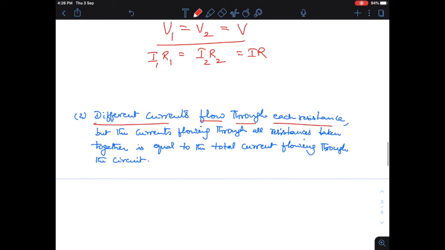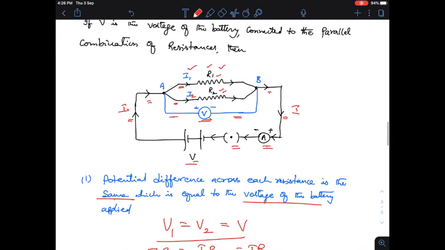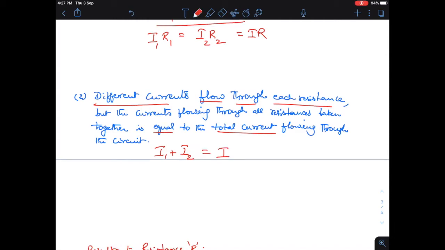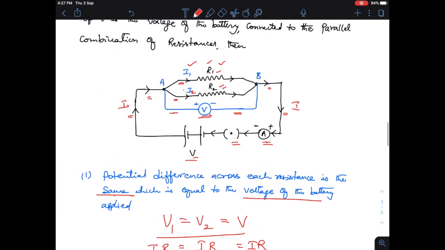Now, different currents flow through each resistance, as I have shown I1 and I2. They get divided, but the currents flowing through all resistances taken together is equal to the total current. That means I1 plus I2 plus I3, if I consider all the different currents. Since I am not considering the third resistance, let us put it as I1 plus I2, which is equal to the total current I. Now, what is I1 in terms of voltage and resistance?